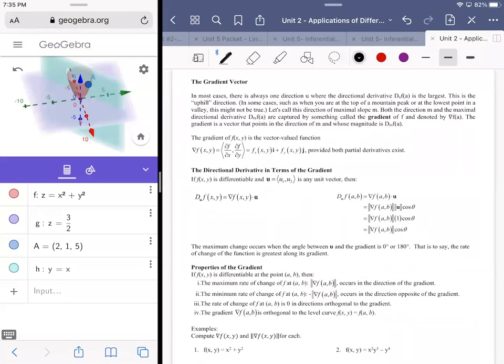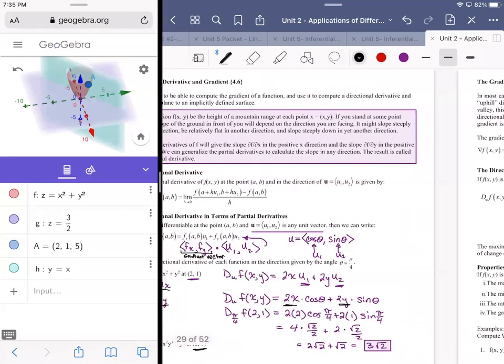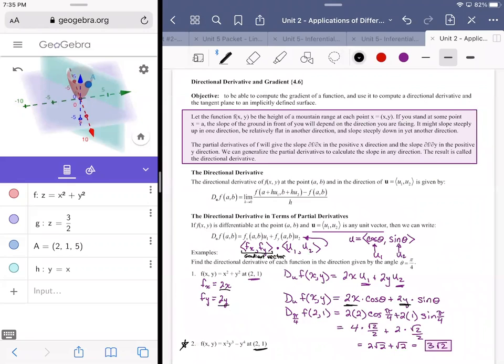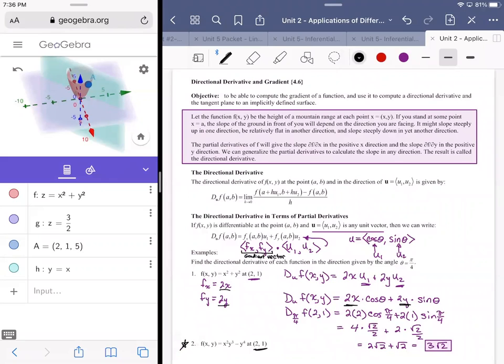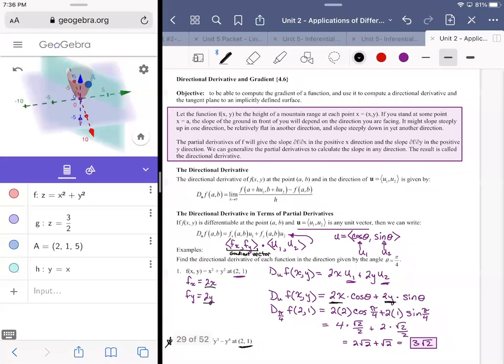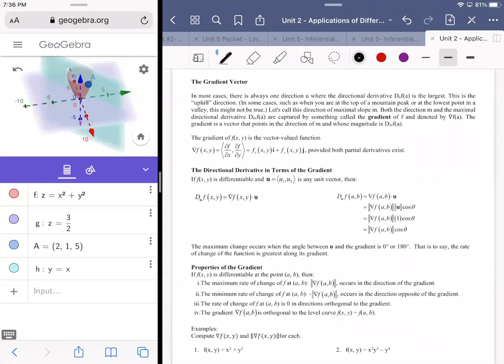So I'll read the blurb here, just because honestly, between this blurb and the one I highlighted on the previous page, it was probably like 3 or 4 semesters of me just hand waving my way through directional derivative and gradient and just hoping people understood what I was talking about before I came across a website that did a better job of explaining it than I ever could, only because they started talking in terms of mountains and uphill, downhill, and stopped talking in terms of math.